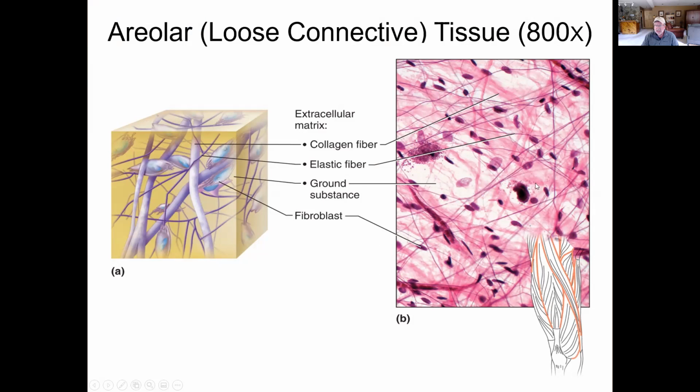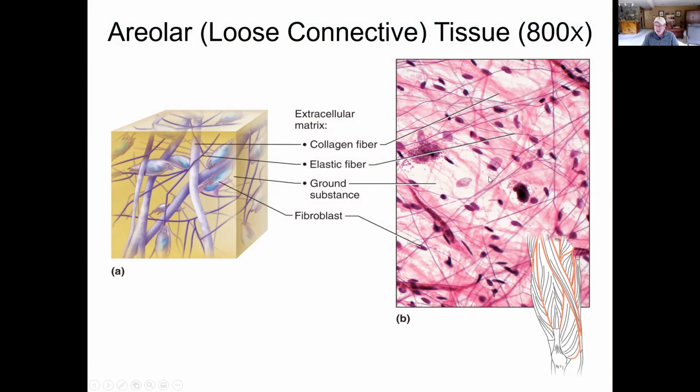But what is really easy to note is the presence of both collagenous fibers, or collagen fibers, and elastic fibers. The thicker pink stained fibers, like you see here and here and here and all over the place really, those are the strong collagen fibers oriented in bundles.